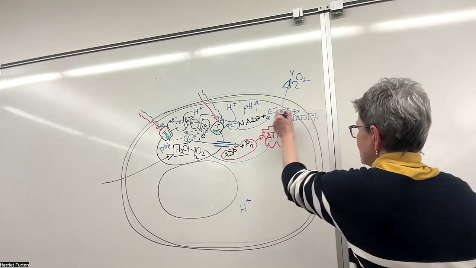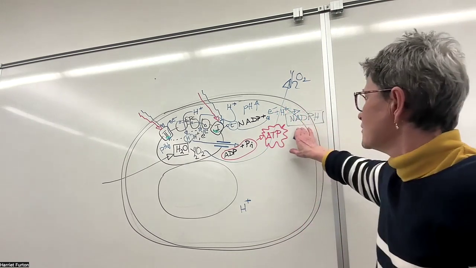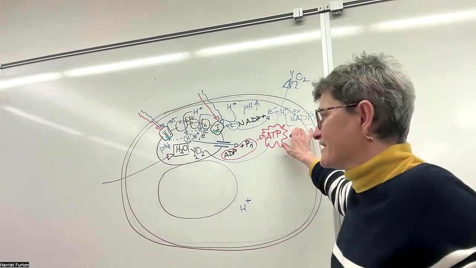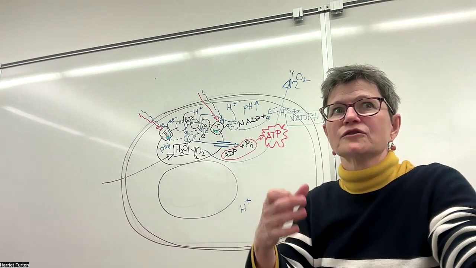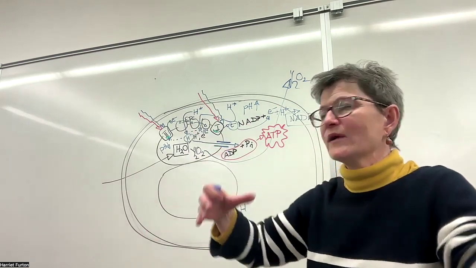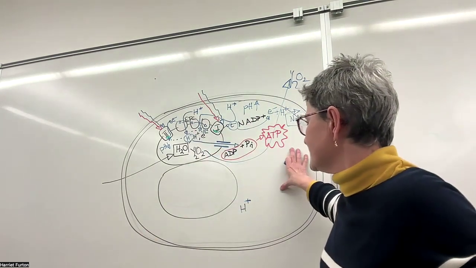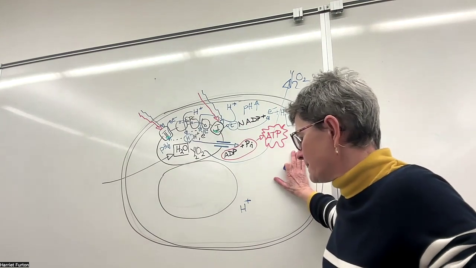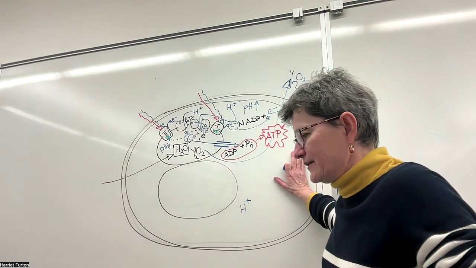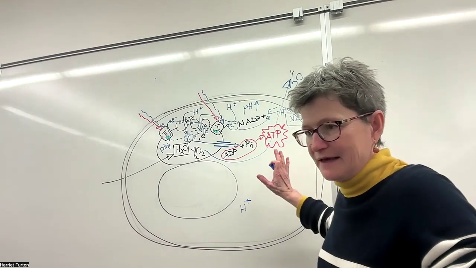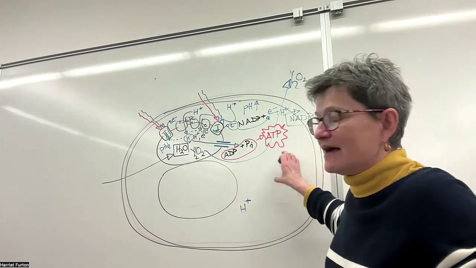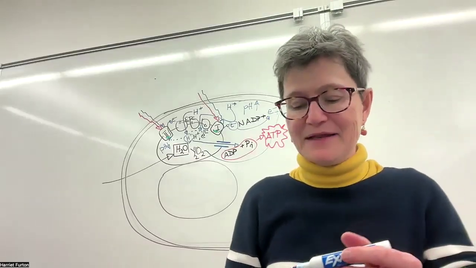Now, this is the one that's going to be used in here, the high energy electrons, to reduce the carbon dioxide that will enter into the chloroplast.